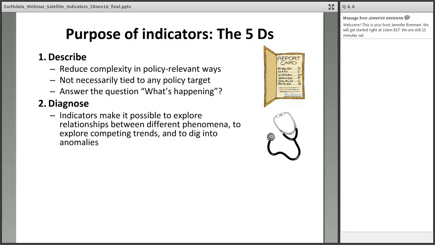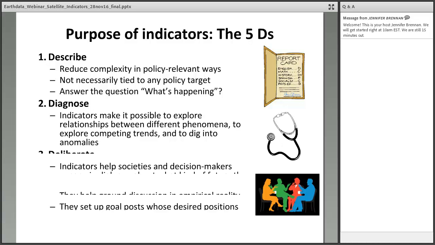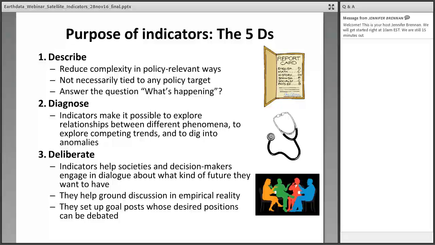They also are useful for diagnosing situations. It's possible to explore relationships between different phenomena, to explore competing trends, and to dig into anomalies. Indicators help policymakers and society as a whole deliberate and enter into a dialogue about what kind of future they want to have.